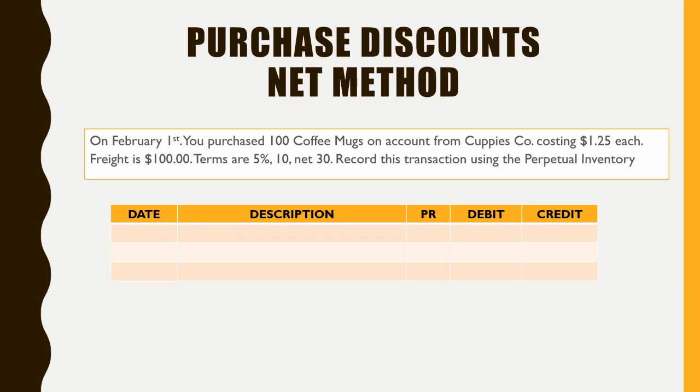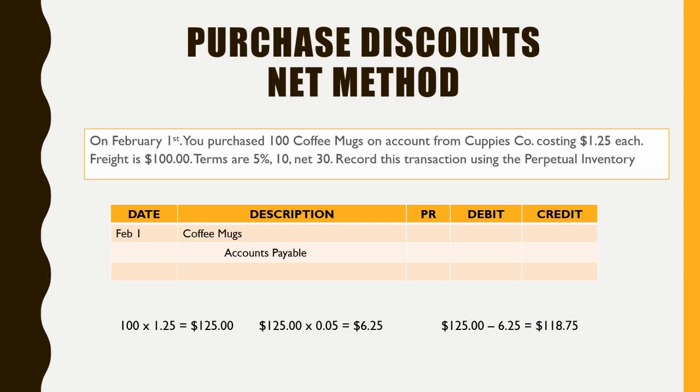So in this case, since we're going to be recording using the net method, we understand that we purchased 100 mugs at $1.25. Because we're just going to say, hey, we're really good at paying our bills on time, we're going to automatically assume we're going to take the discount right away. So in this case, what is 5% of that $125?